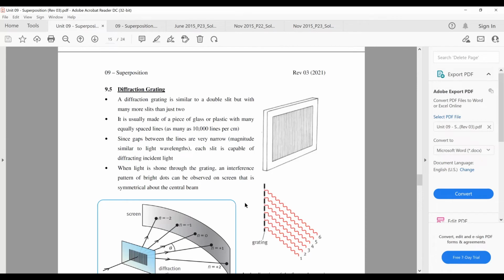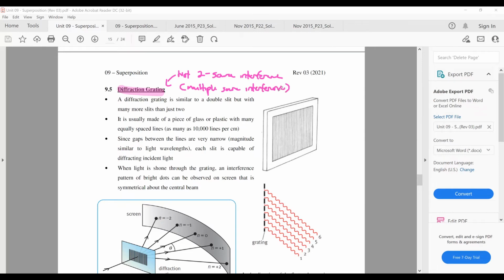Now, diffraction grating is mostly used for light only. Diffraction grating is not two source interference. Actually, it is multiple source interference.